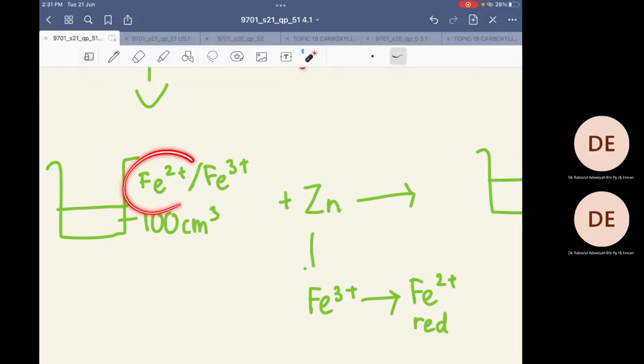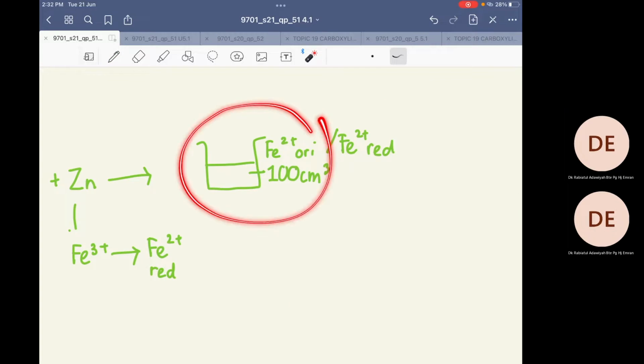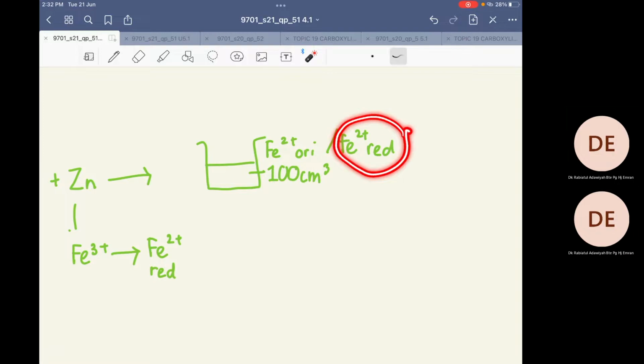And the original Fe2+ in the solution, I will call the ori Fe2+. Okay? So inside this beaker, all of them are Fe2+. There's no more Fe3+ left. However, I know that this Fe2+ reduced came from Fe3+. Okay, so that's the only difference.